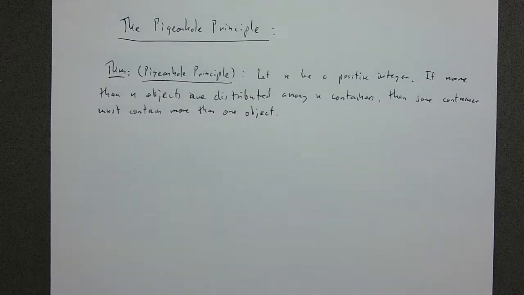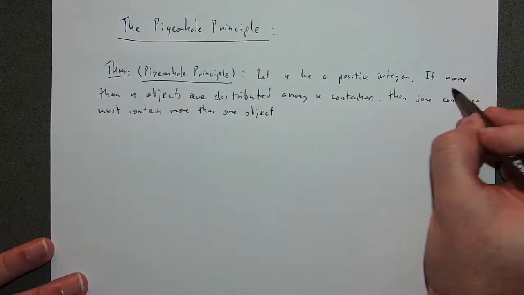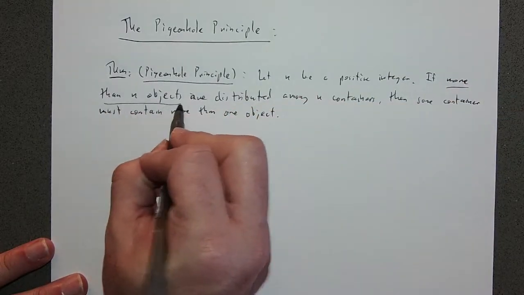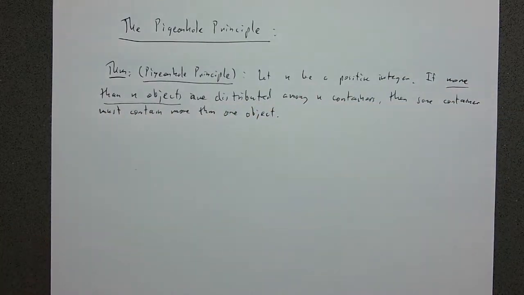Well, then the max number of objects would be n. You would have one object at most in each container. There's n containers, so n would be the number of objects you had. But I was told that I have more than n objects being distributed. So that would not account for all of the objects. So yes, one of the containers has to have more than one object.